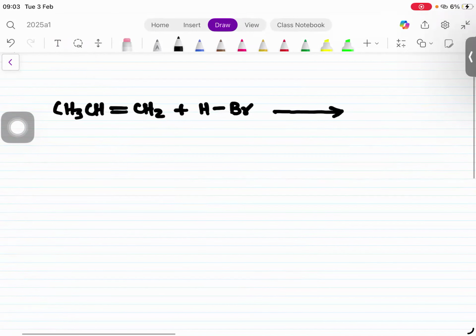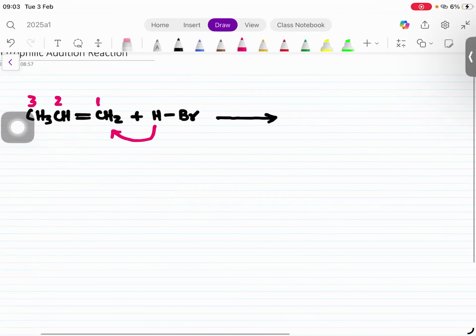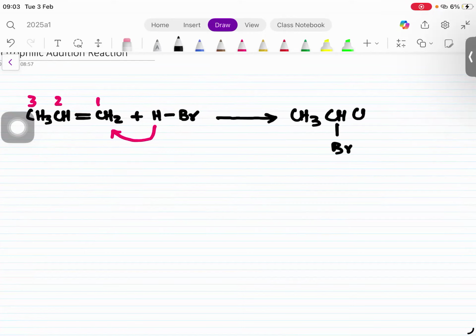So it's a propene, carbon number 1, 2, 3. Right? So when we add this, we have two products in this case. If hydrogen is added to carbon number 1, I suppose, at this moment, then the bromine will go to carbon number 2. So it's a 2-bromopropane that is formed.